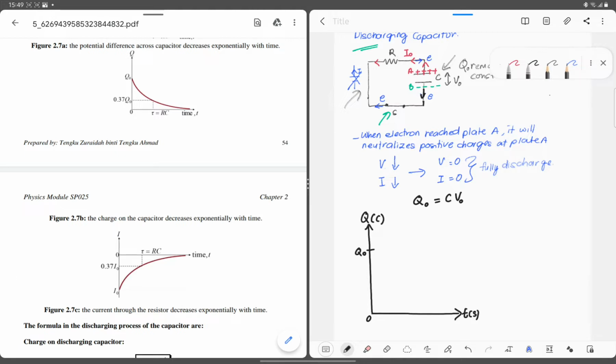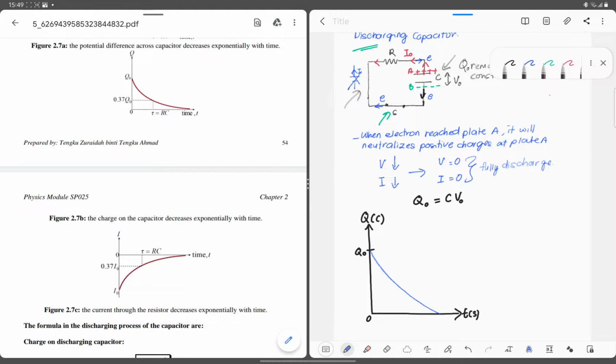Actually, voltage drops. Voltage starts to decrease as the electron neutralizes the positive charge on plate A. So Q starts to decrease. Let's say I'm using the blue here. Q starts to decrease until lastly it becomes 0. Okay, that's what happened to the charge.